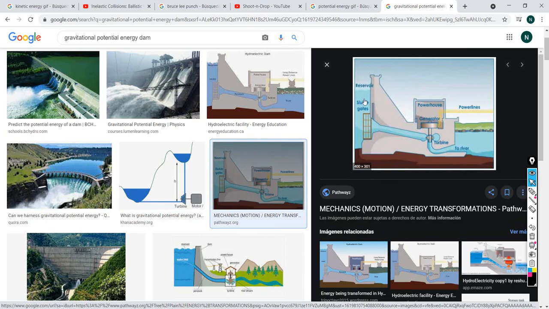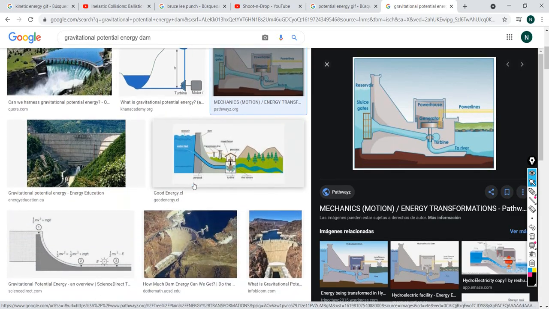You have the reservoir, and then the water is gonna fall down. It's gonna travel here. It's gonna impact the turbine, and it's gonna move it. In other words, it's gonna apply a force on the turbine. It's gonna do work on the turbine, and then the turbine will generate electricity for the powerhouse so that it can light up the cities and all these things. Okay, so that's how we use a dam.